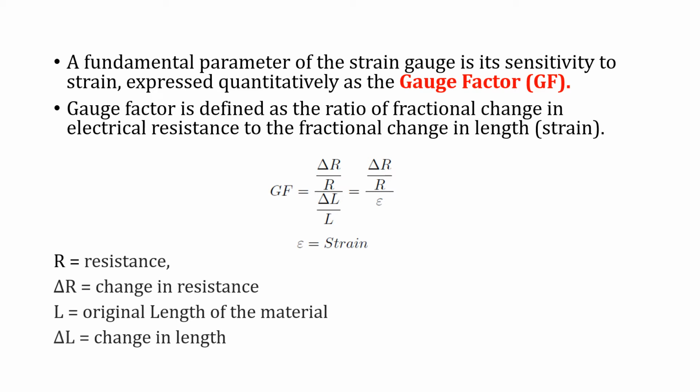R is the resistance, delta R is the change in resistance, L is the original length of the material, and delta L is the change in length. So we can measure the gauge factor of materials which produce strain.